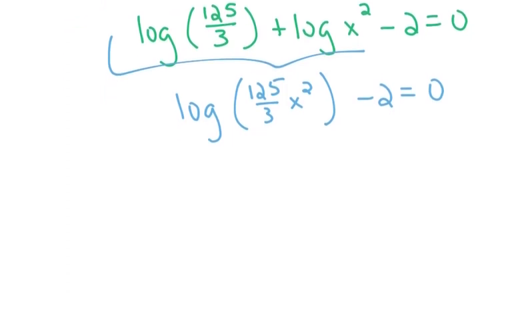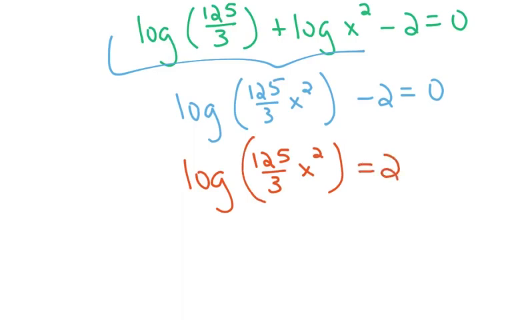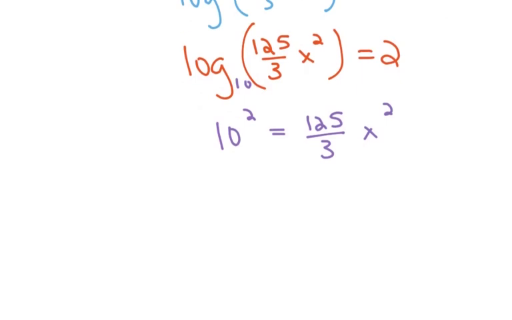Now, I'm going to add the 2 to the other side. And I have to go back and rewrite this now in exponential form. Since the base is 10, it's going to be 10 squared is equal to 125 over 3x squared. 10 squared is 100.